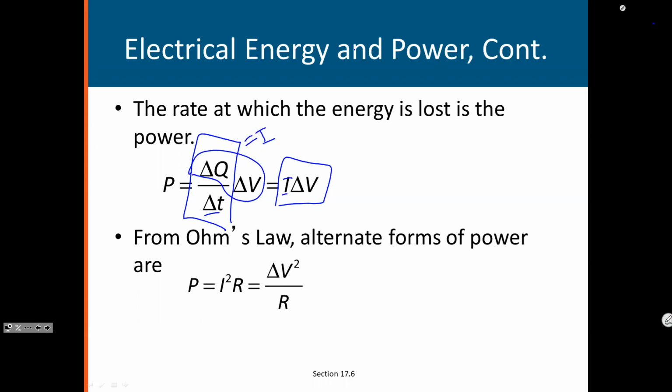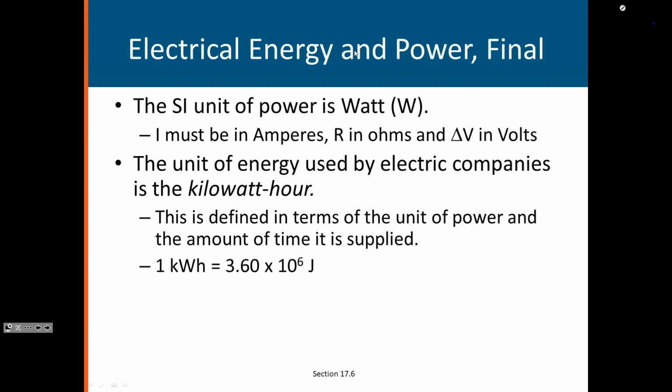But from Ohm's law, what is Ohm's law? Power is I delta V, that is the first we start with that. I can eliminate the delta V from the Ohm's law.